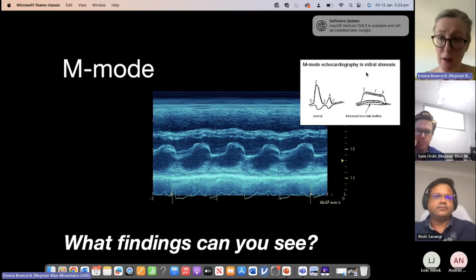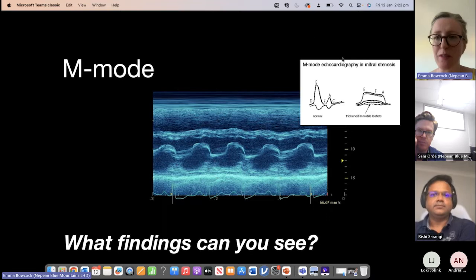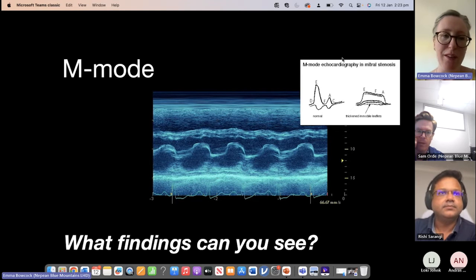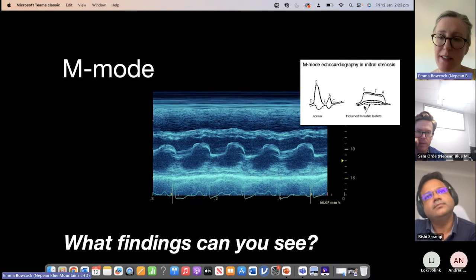Exactly as Rishi was just saying there. Generally in M-mode, it obviously doesn't need to be part of how you grade severity, but it's nice in exams, and it's nice to show in talks and things. So you generally get these thickened immobile leaflets. This is normal, of course, nice and pliable, with a steep EF slope.